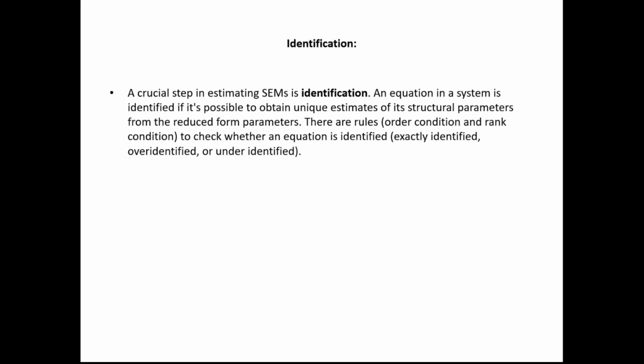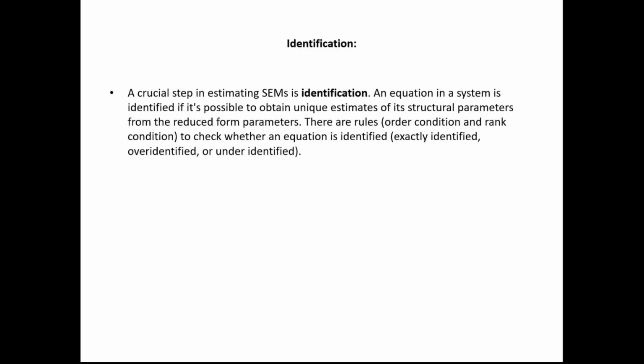You should identify whether the equation is over-identified, under-identified, or just identified. An equation in a system is identified if it is possible to obtain unique estimates of the structural parameters from the reduced form parameters.